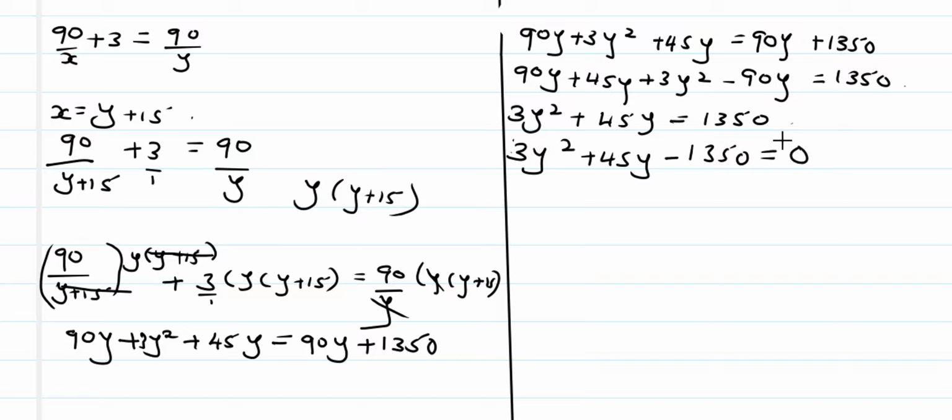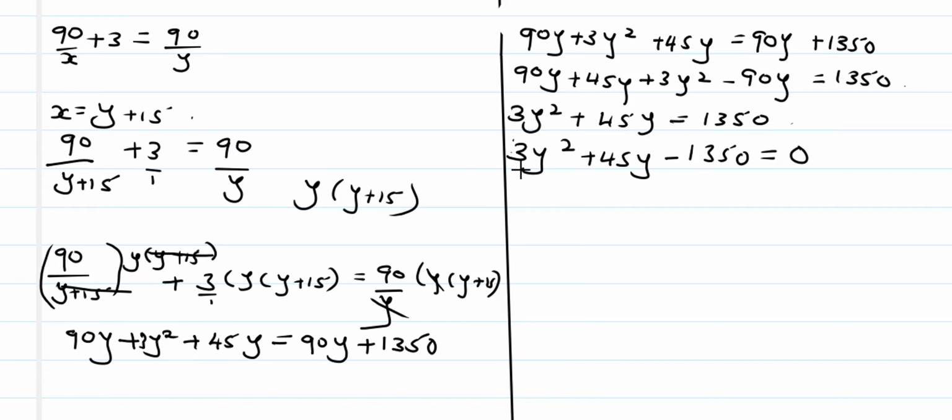And now it becomes a quadratic equation, which we can solve using factorization. Before we even do factorization, can we just divide all these values by 3, because they are divisible by 3.